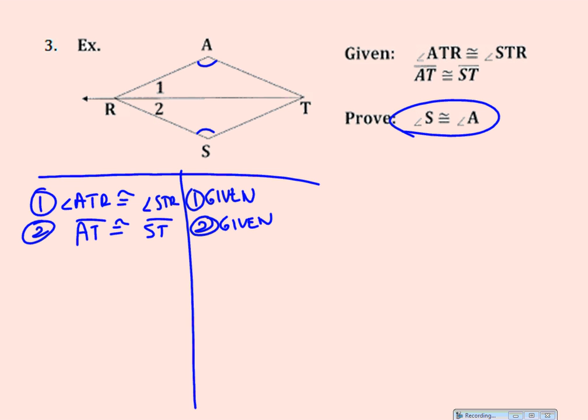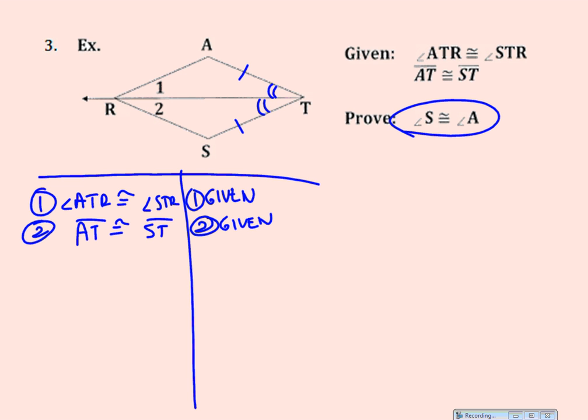So you're given that ATR is congruent to STR. You are also given that AT is congruent to ST. So those two little segments are congruent and those two angles are congruent.